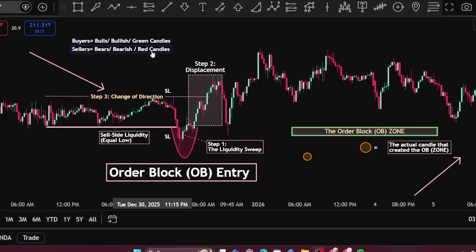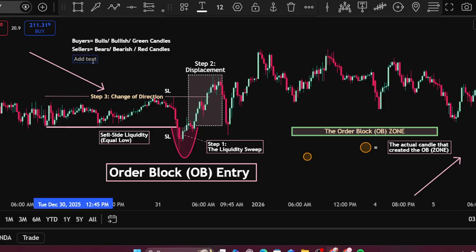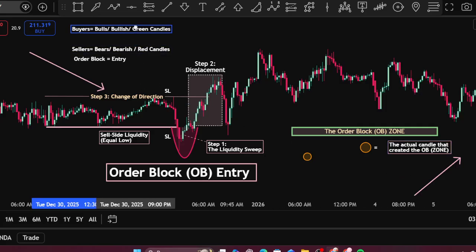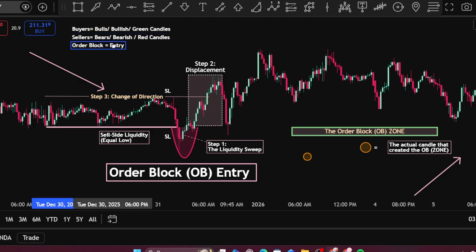So here's an extra vocabulary: order block equals entry. And let me just move this higher, just in case you want a screenshot, and it can look neat.